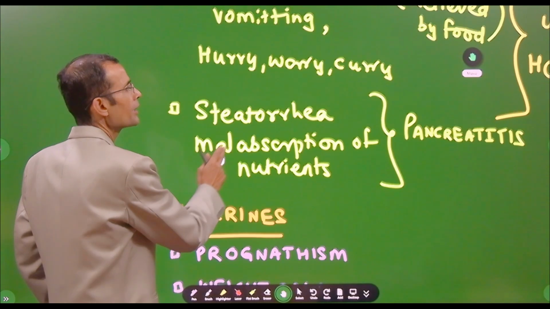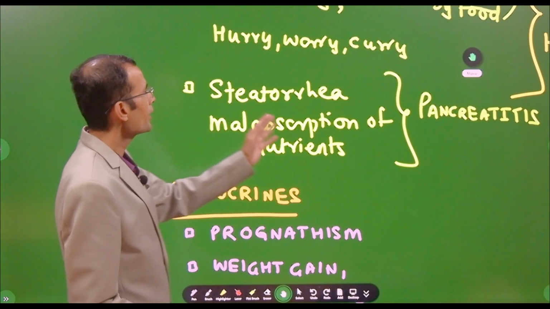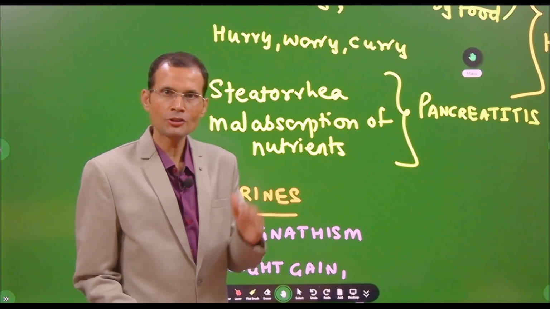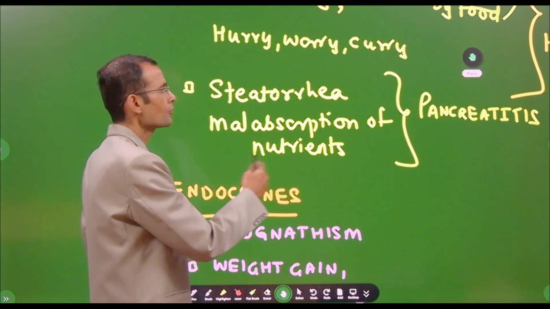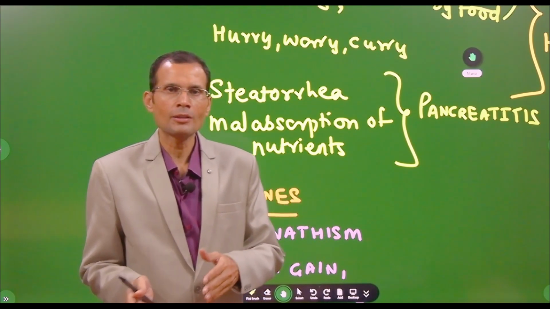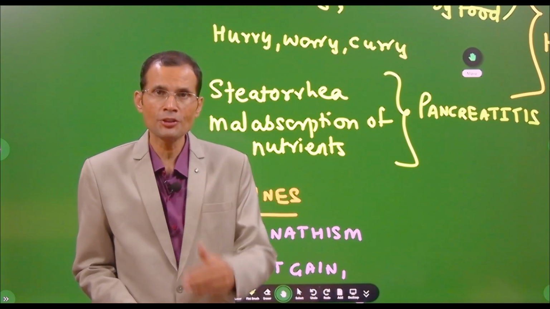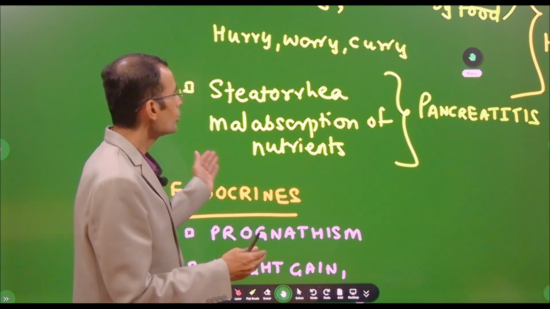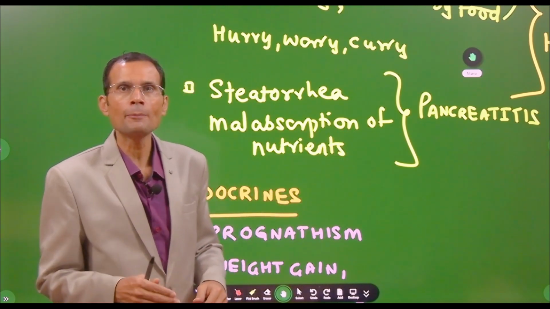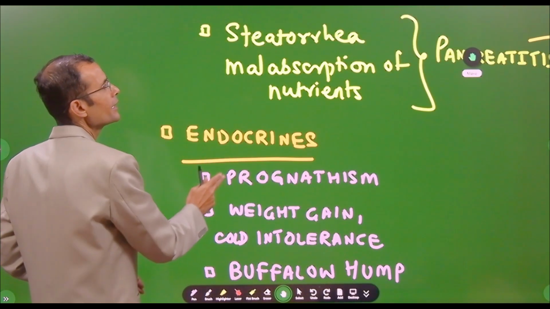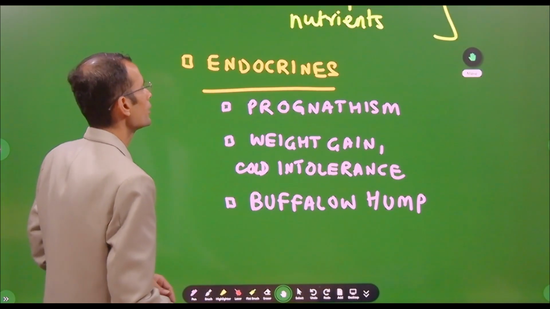For pancreatitis and pancreatic juice, there will be phrases like steatorrhea, increased fat excretion in the stools, malabsorption of the nutrients, because pancreas secretes all the digestive enzymes. In pancreatitis, there will be deficiency of those enzymes, and therefore those nutrients will not be absorbed and fat will be lost in the stools.